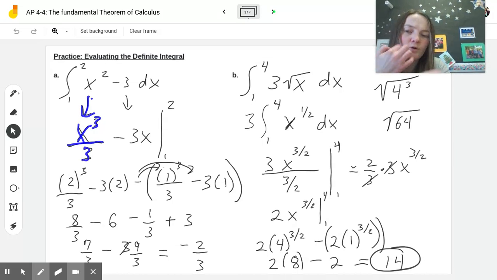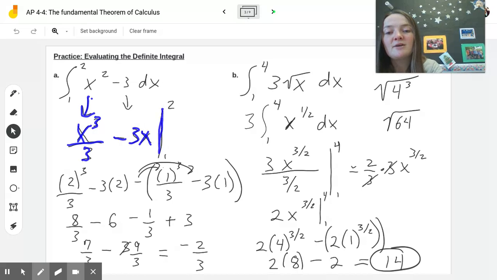The antiderivative of negative 3 is going to be negative 3x, and I'm going to use that new notation. I need to evaluate this from 1 to 2. Well, the first thing I'm going to do, and remember 2 is b and 1 is a, is evaluate it at b. So to evaluate it at b is this right here.